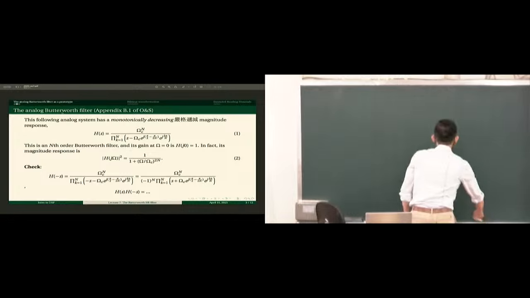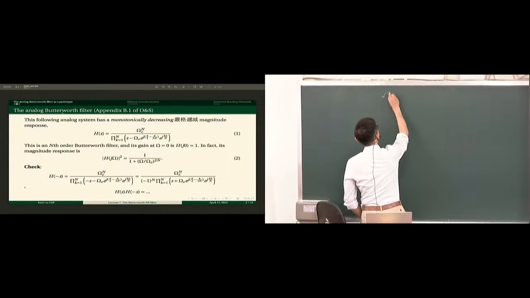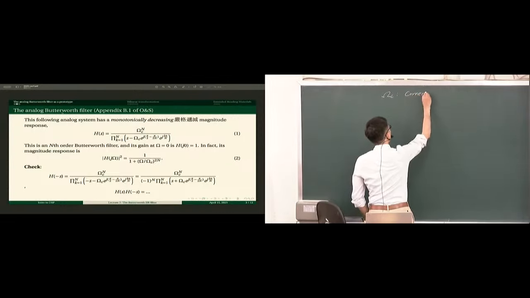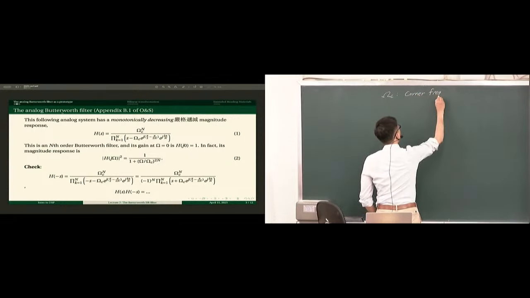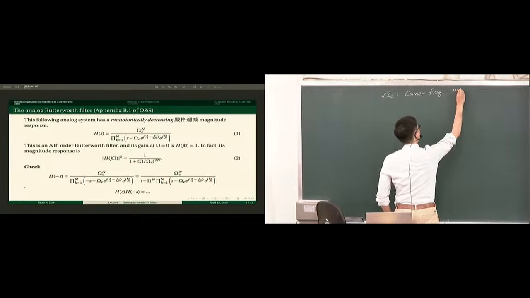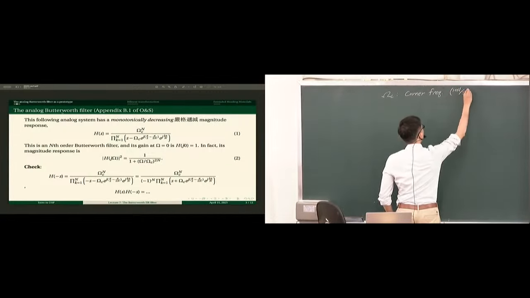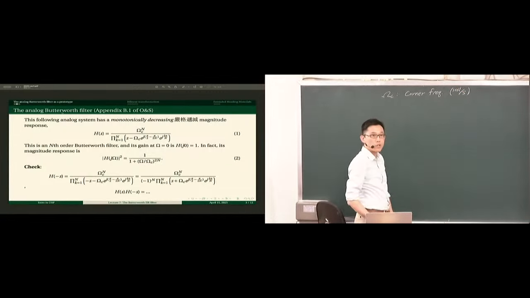Here we have omega c, which stands for a corner frequency, and in the continuous time scenario its unit is that of angular frequency, 叫频率. Angular frequency is radians per second. So that's the unit for this constant, which denotes a corner frequency.